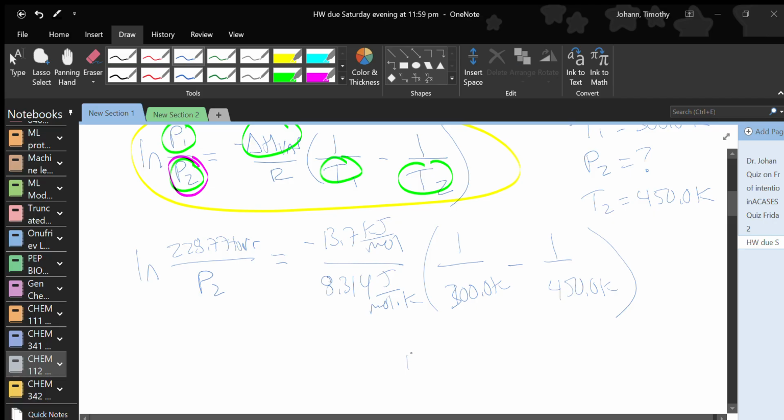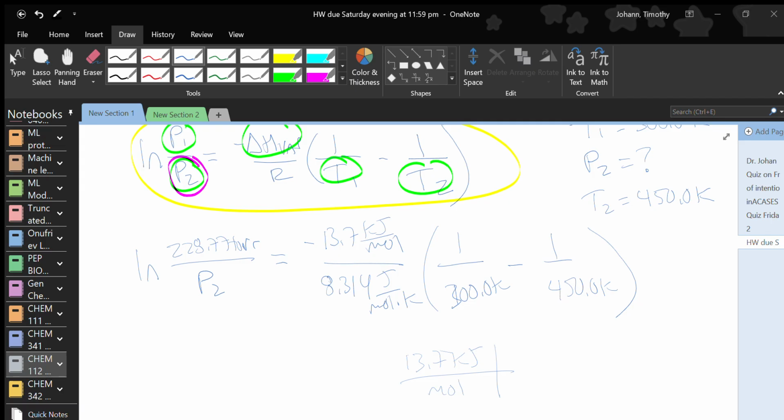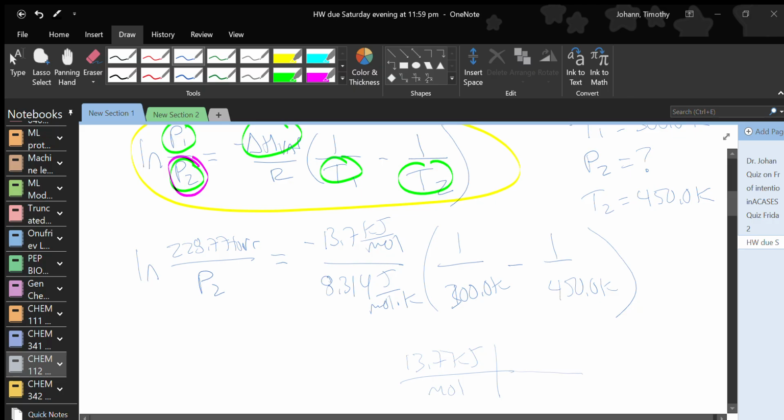So I have 13.7 kilojoules per mole, and I want to change it to joules. How many joules in a kilojoule? 1,000. Where does the joules go? On top. So what do I write on top? 1,000 joules.